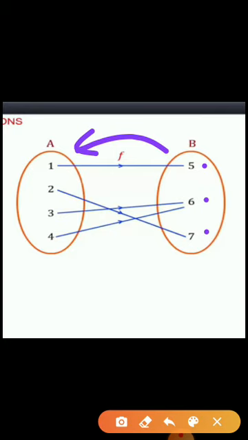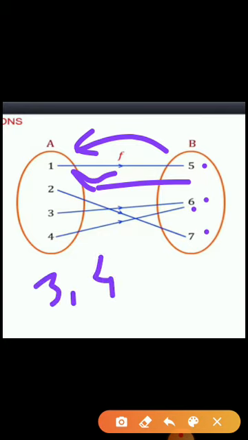That means, what is the pre-image of 5? Pre-image of 5 is here 1. What is the pre-image of 6? Pre-image of 6 is 3 as well as 4. That is no problem. Okay, at least one, that is minimum one pre-image it should have.